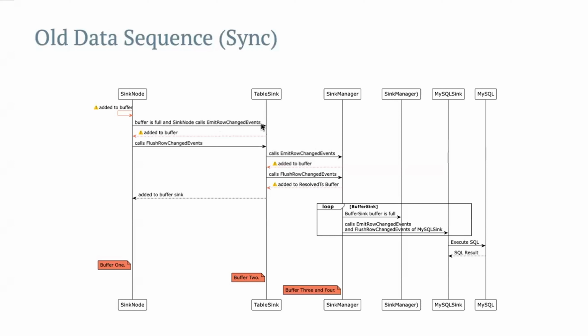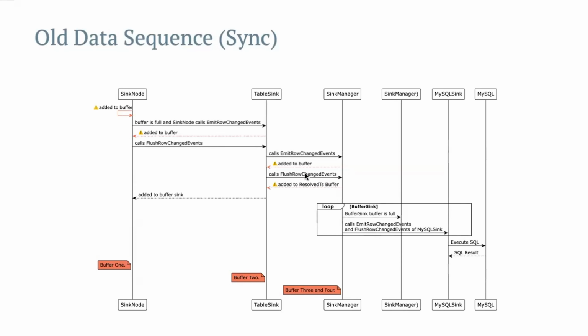As you can see, all the functions are the same because they implement the same interface. So the call stack is pretty crazy. You call the same function at least 3 times. But the worst situation is that every time you call those functions, it just adds the row event to its own buffer. Actually, the sync manager also has 2 buffers.